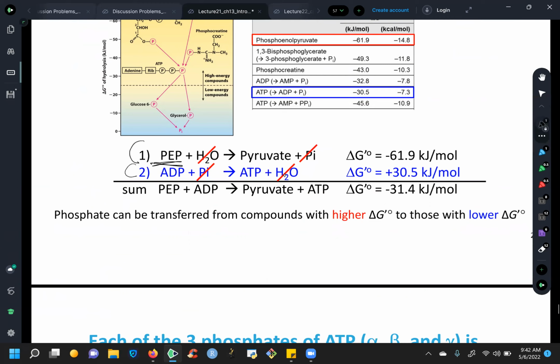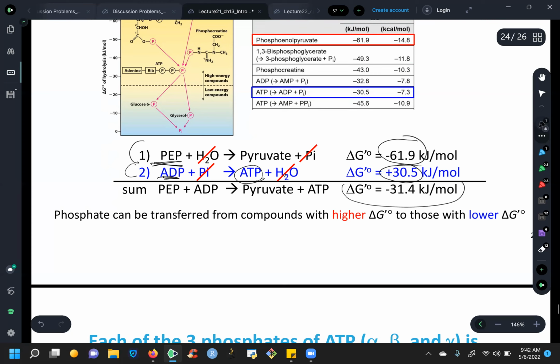So make little notes for yourself. That one had a negative 61.9 kilojoules, and then ADP to make ATP costs 30.5. So we coupled those reactions, and we still have negative 31.4 kilojoules left.